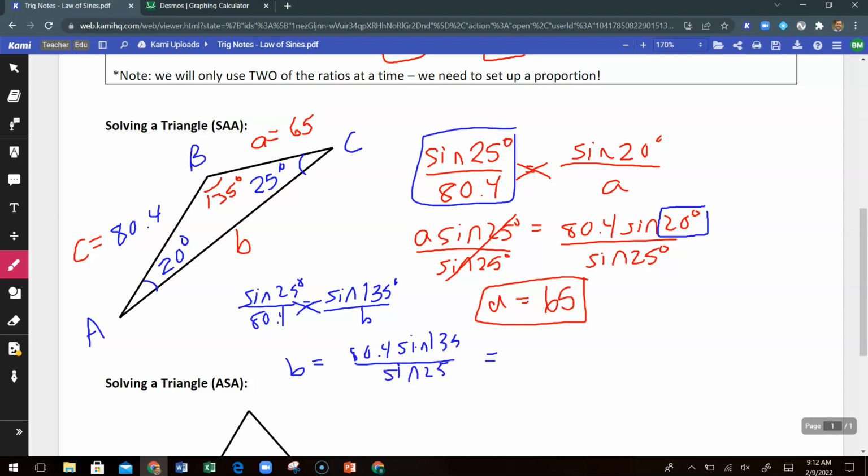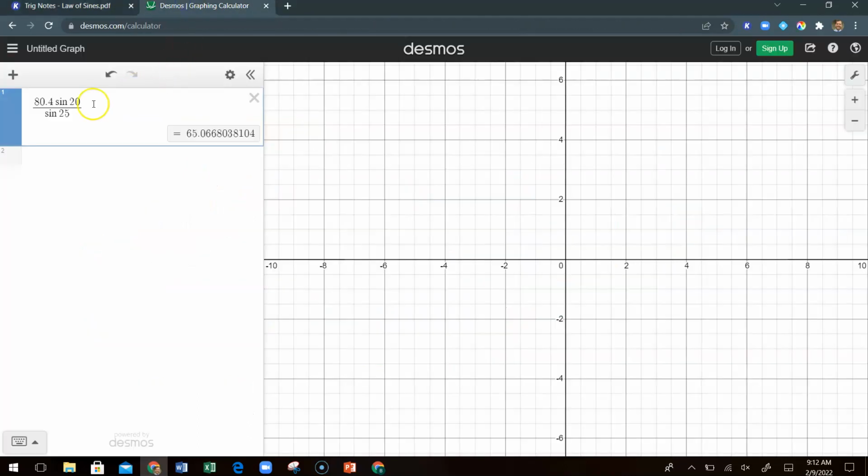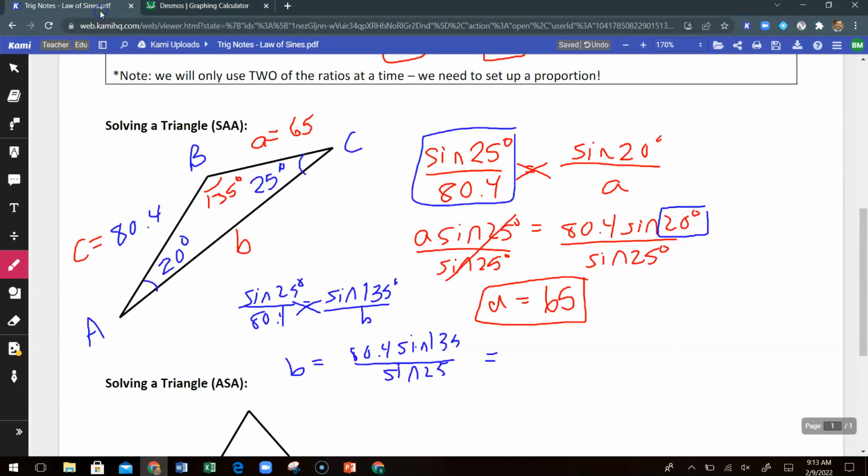If I'm using a calculator, that's convenient because all I really need to do is change the 20 to 135. And that's going to give me a side length of roughly 134.5. And that is side length B. So we've solved that triangle because we found every missing side length and every missing angle.